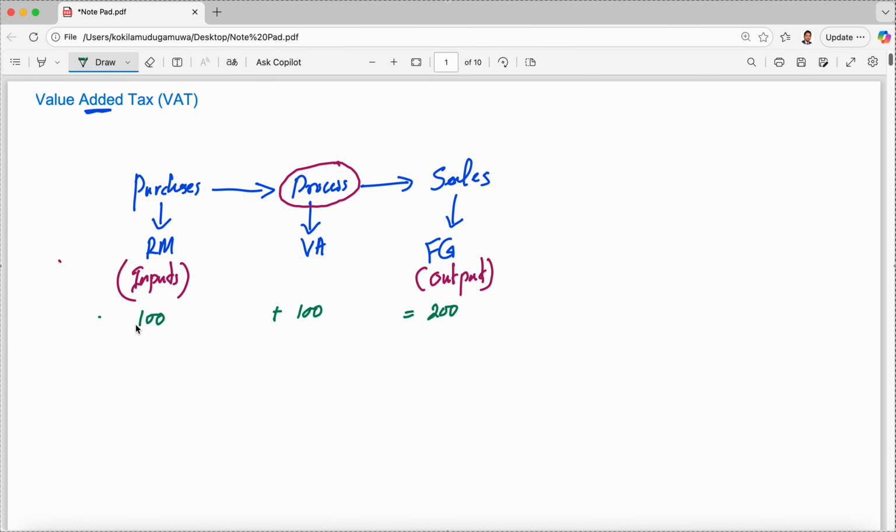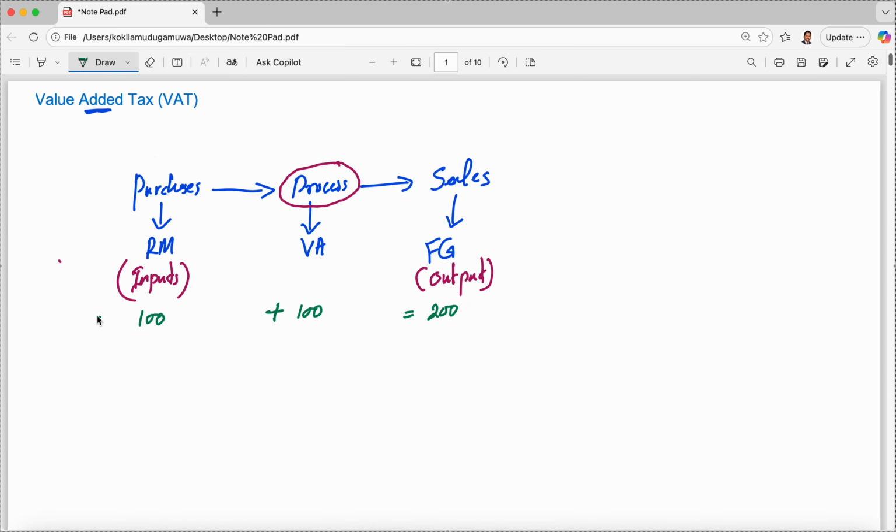You purchase 100 worth of raw material, and as a manufacturer you did value addition of 100, and then you are going to sell this at 200.